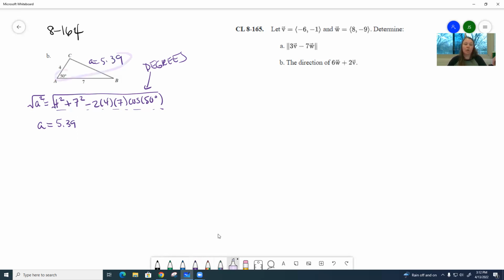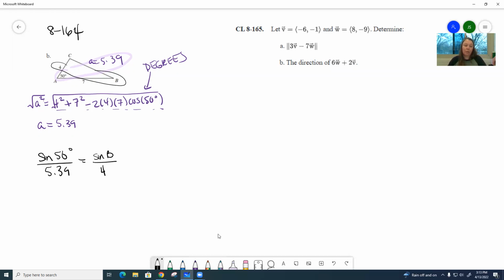So I can set up a ratio with those, and I could do the sine of 50 over 5.39 equals, now just go ahead and find something else, like the sine of angle B over 4.